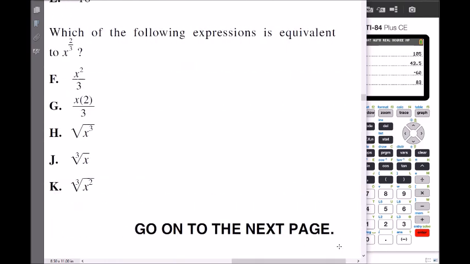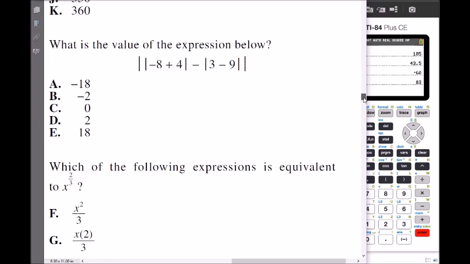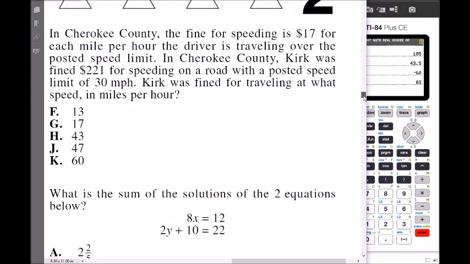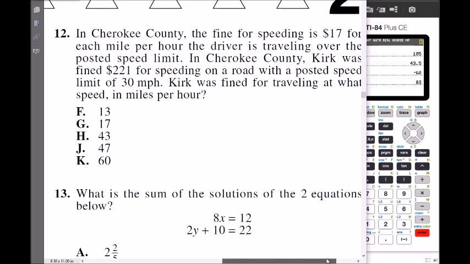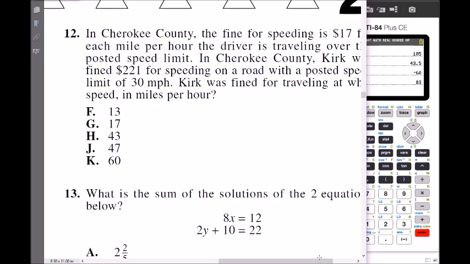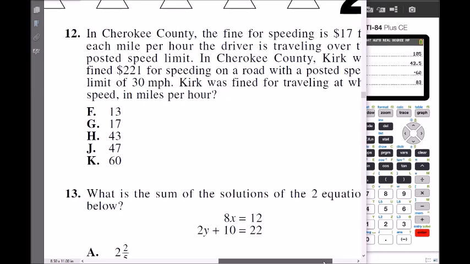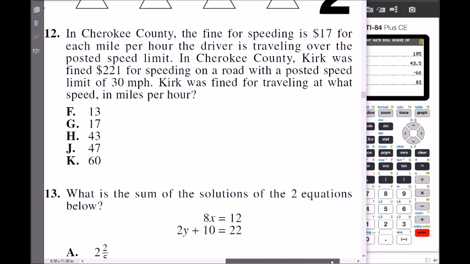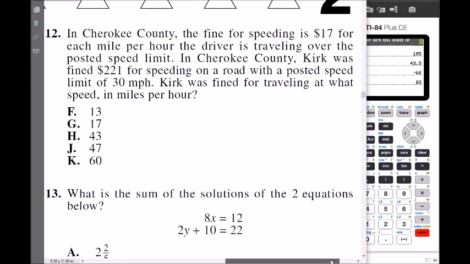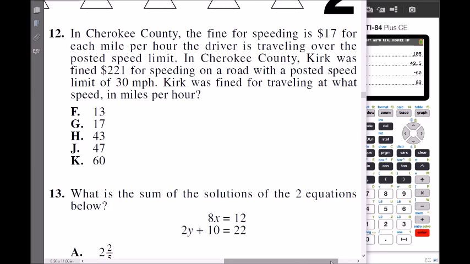So now, number 12. In Cherokee County, the fine for speeding is $17 for each mile per hour the driver is traveling over the posted speed limit.